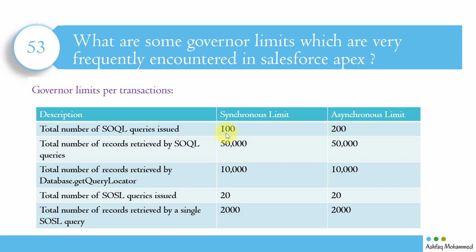That should be fine, but you might end up working on a very big enterprise-level project wherein there are so many classes. I have seen classes with 10,000 lines of code as well. So if you're running a big process in one transaction, it might hit the governor limits because you might not have used the best practices.